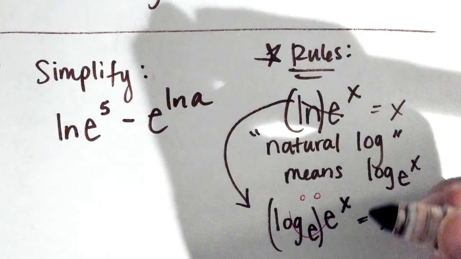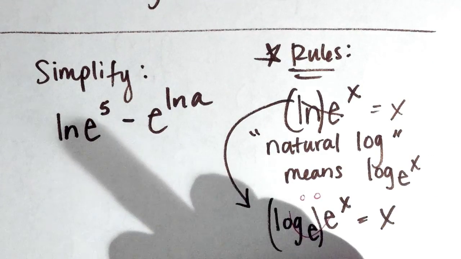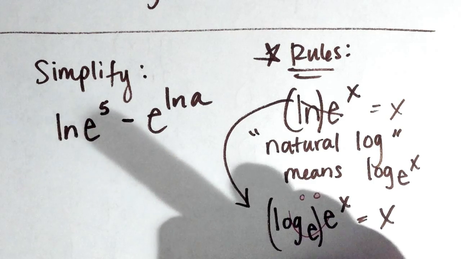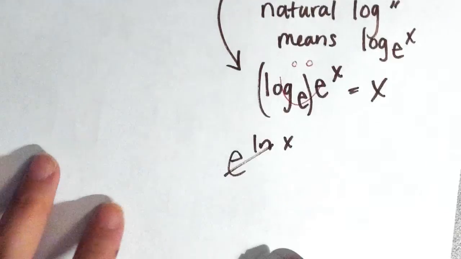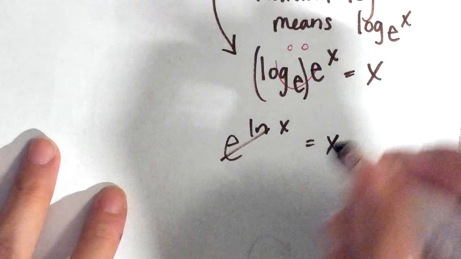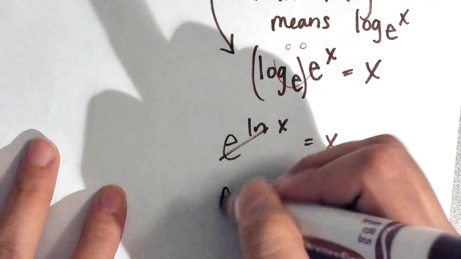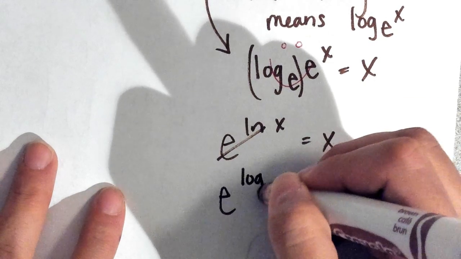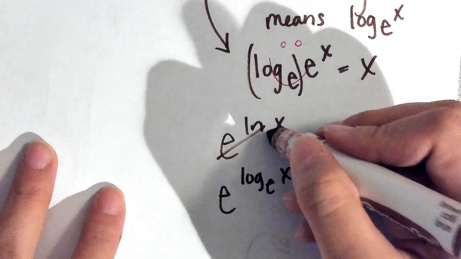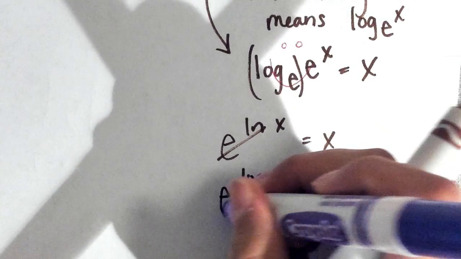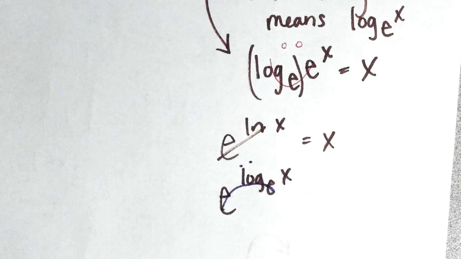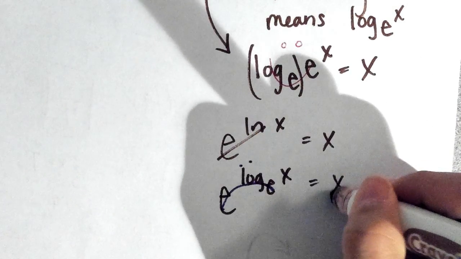So for instance, another rule is if you have e raised to the ln x. These also cancel and give you x. Why? Because ln is natural log, and that's log base e. So I can rewrite ln as log base e, and right here, as our log property, I can cancel little sad face, and so you're just left with x.